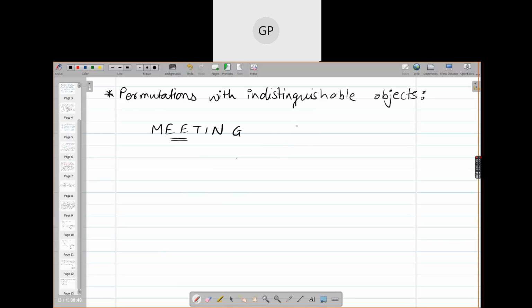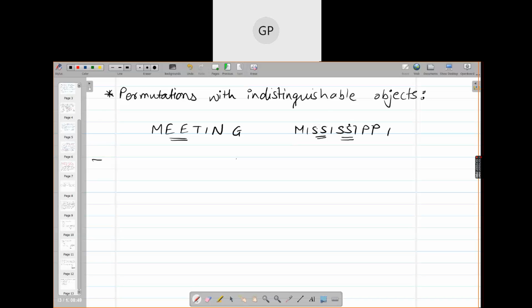If you have a word, say MISSISSIPPI, there are so many letters which are repeated. So we want to find out permutations. The duplications among themselves we need to avoid. This SS block, if I put it here or put it here, it will give me the same arrangement. So I think we can finish the statement today.